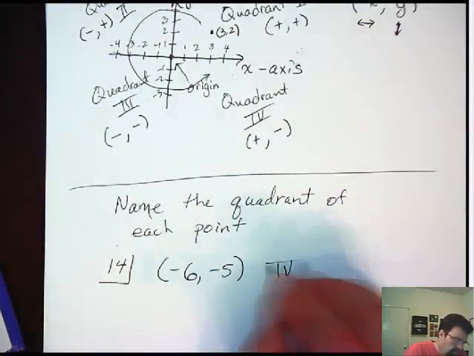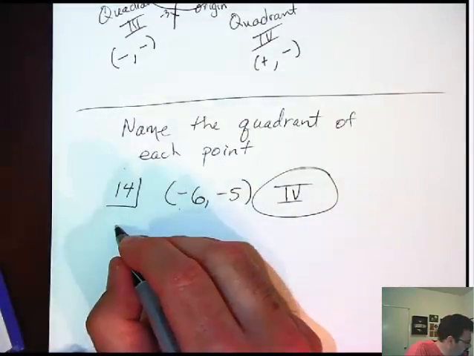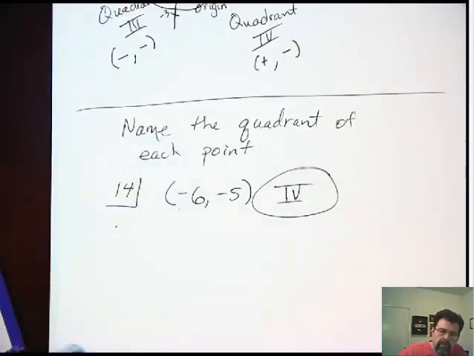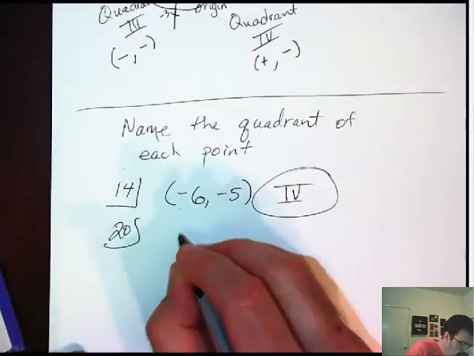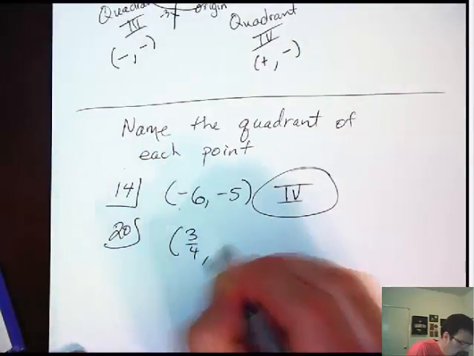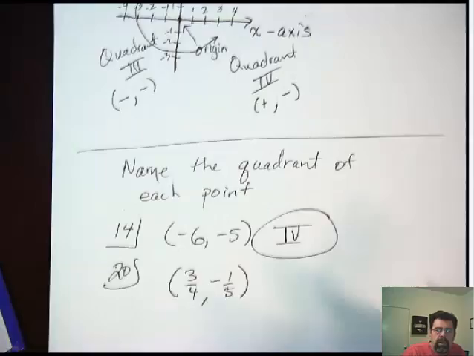If I did number 20, that's interesting. 3/4, -1/5. So again, we don't have to plot it.